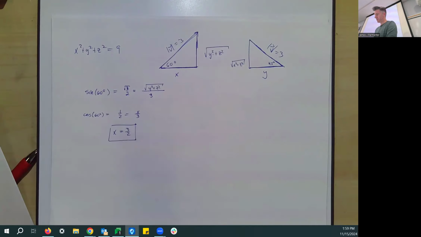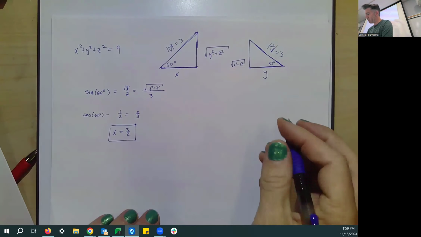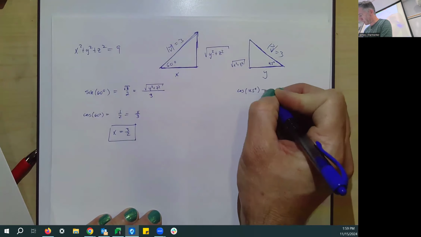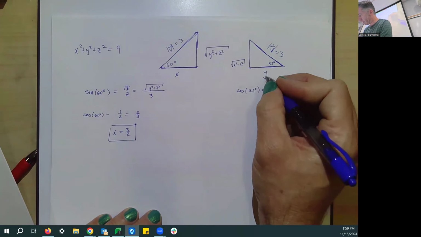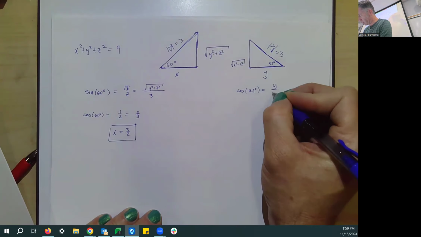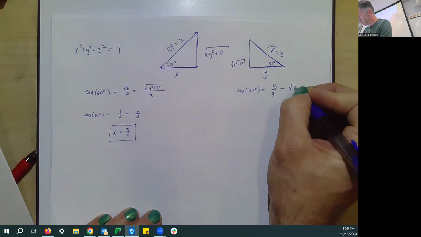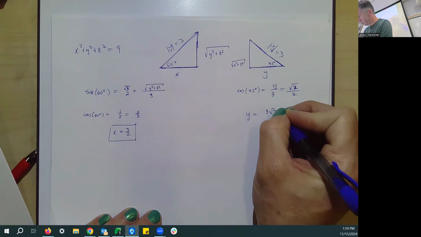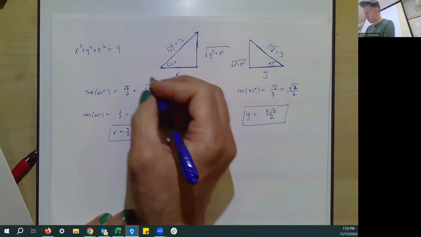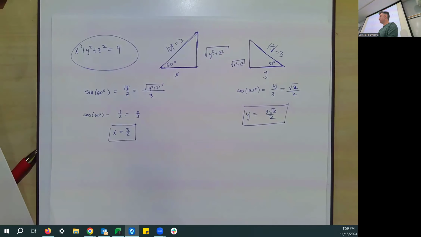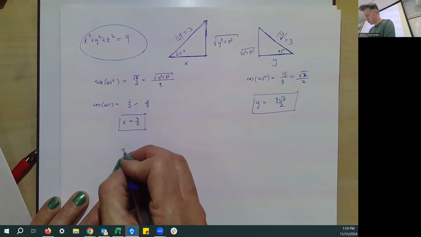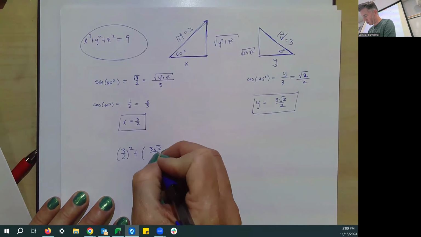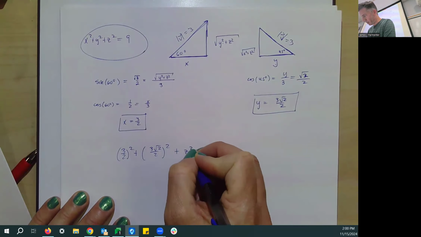I can probably do a similar thing here. If I do cosine of 45 degrees, that's going to equal the adjacent over the hypotenuse, but we also know it's equal to the square root of 2 over 2. That means y is going to equal 3√2/2. And then we can use this equation to find z. So x squared plus y squared plus z squared equals 9.